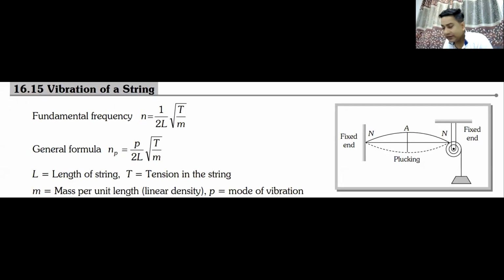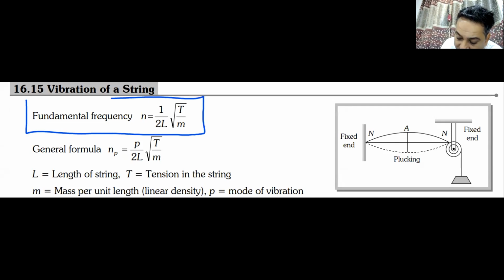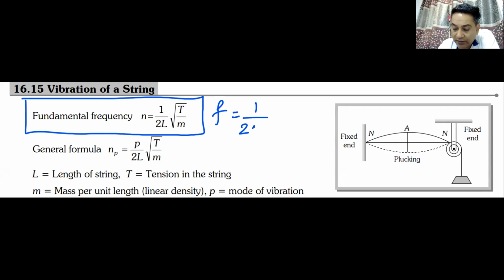Okay, then the next heading that you will write is the vibration of a string, and you must write the formula for fundamental frequency, the first frequency, f. If you write the frequency as f, this f is 1 by 2L root over T by m. Remember the meaning of the terms that are appearing here.